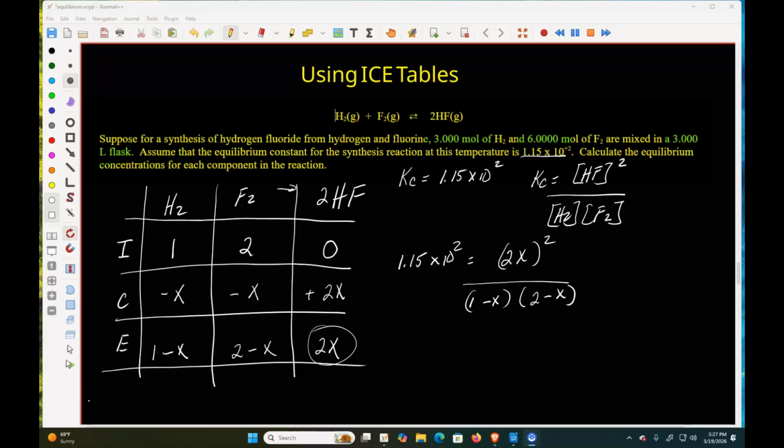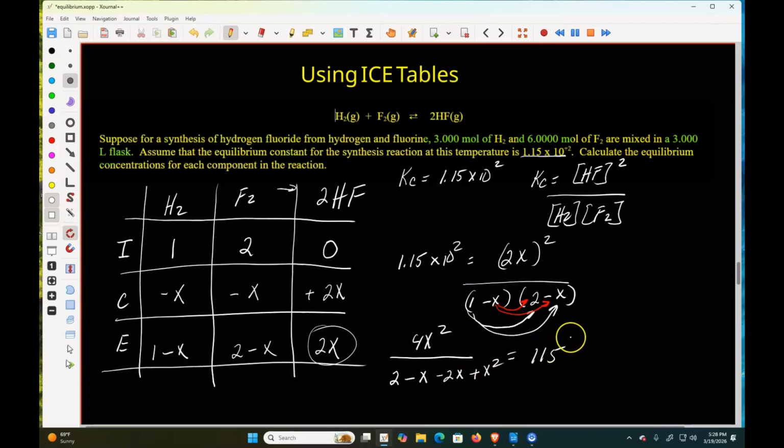So if I work this out then, 2x squared, that'd be 4x squared. Okay, so if I multiply here and here, and the same thing here and here, I would get 2 minus x minus 2x plus x squared equals, I'm going to go ahead and write this as 115.